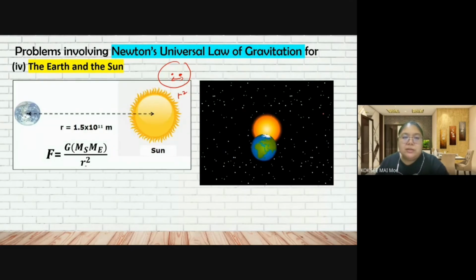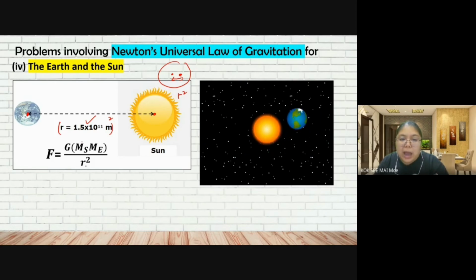We still use the same formula, but what is R? R is from the center of the Earth to the center of the Sun. The value provided is 1.5 times 10 to the power of 11, and we square it.